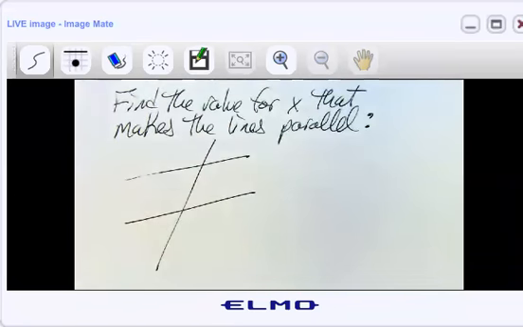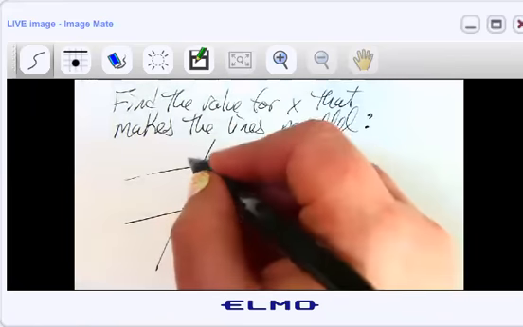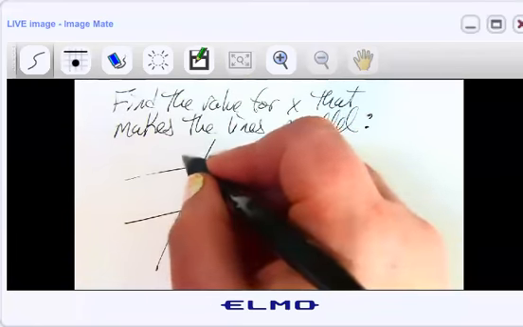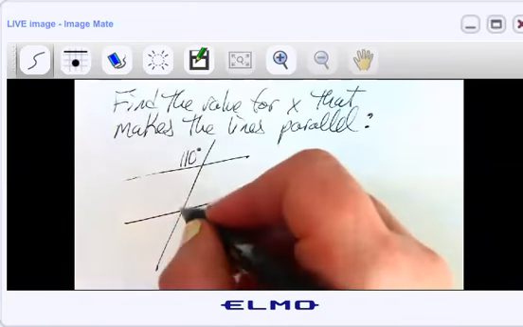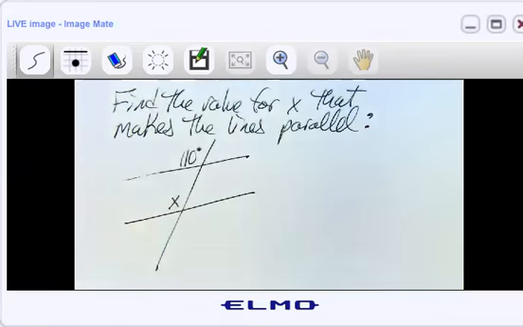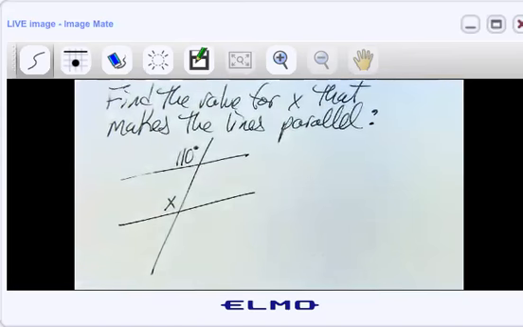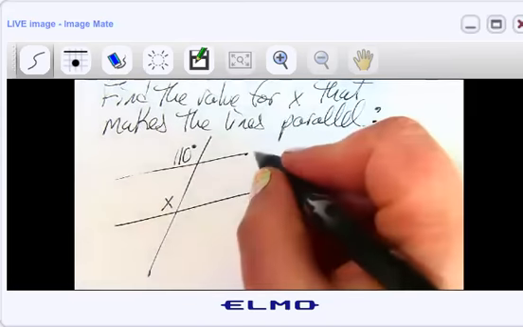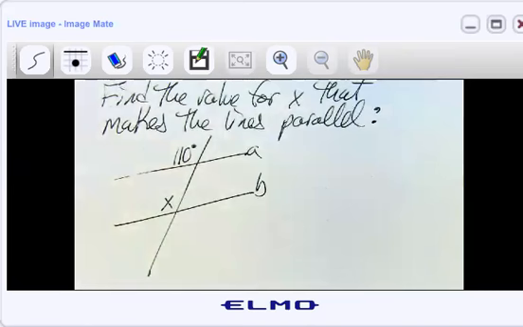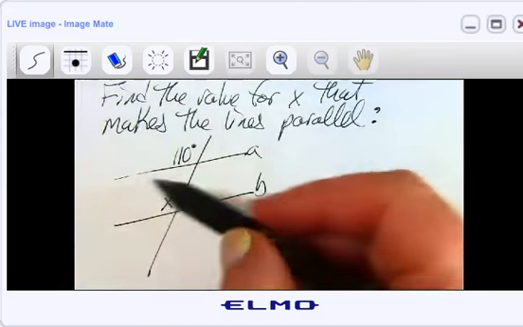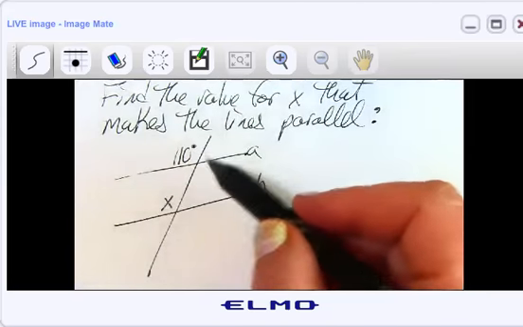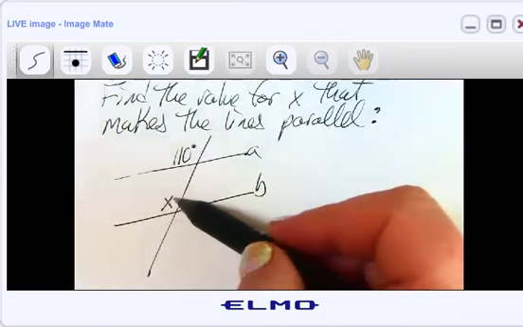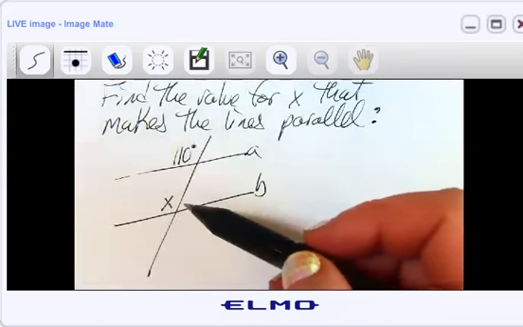So let's walk ourselves through an example. Say I had this, and I'm just going to make up some numbers here. Maybe this is, who cares, 110 degrees. And I wanted to know, what must the value of x be to get these two lines, let's call them A and B, to be parallel to each other? Well, remember, one of the 5 things has to be true. These are corresponding angles, right? They're both in the top left of their little group. Same seat, different table.